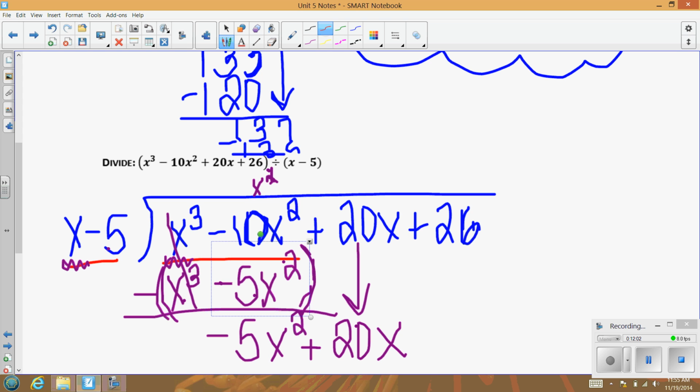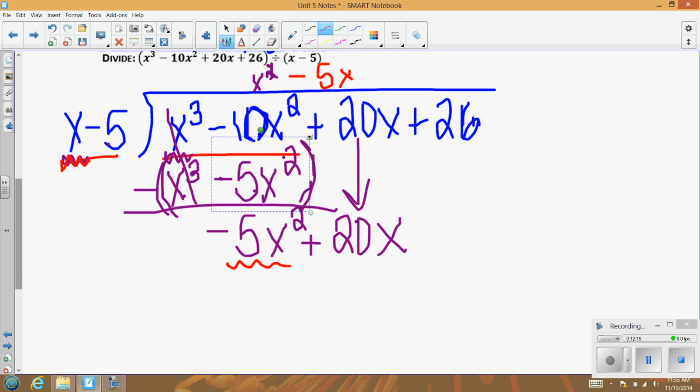And now I'm comparing again just these first terms. So I'm looking at the first terms. How do I get x to become negative 5x squared? Well, I would multiply it by negative 5x. So then I just have to distribute this negative 5x through to each piece over here. So I have negative 5x times x is going to be negative 5x squared.